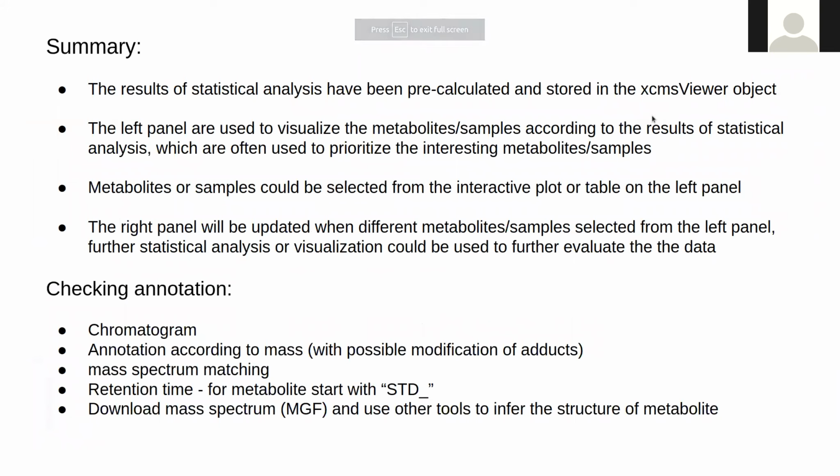So in xcmsViewer, most of the statistical results have been pre-calculated, and these results can be shown on the left panel. We show them on the left panel because those statistical results are useful to prioritize some interesting features for us, like the t-test we can show in the volcano plot, and correlation analysis. And then we can interactively select a subset of interesting metabolites or a subset of samples.